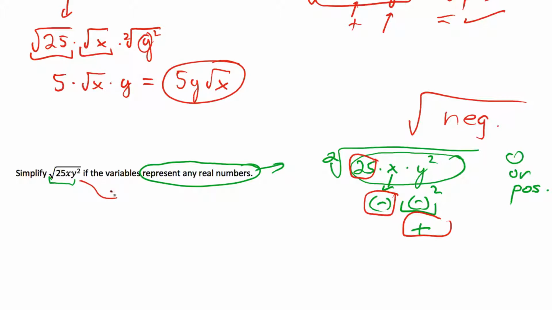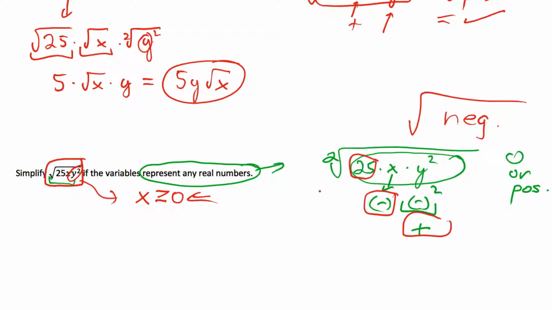So our first order of business is to put a restriction on this. This expression will only exist if x is greater than or equal to 0. y can be negative because you're squaring y, so the value of y that's negative will become positive. But we need to have this restriction as part of our answer.